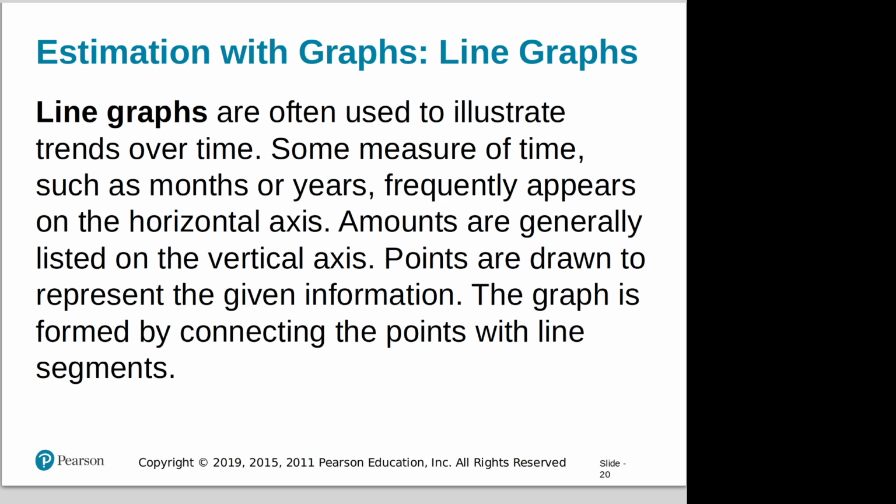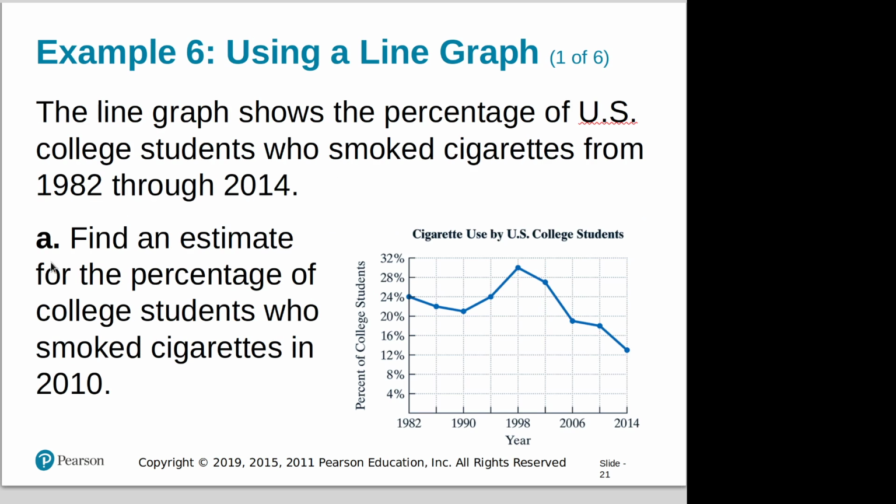All right, another form of graph are line graphs. Line graphs match a value at a given point and then link them together. Now the purpose of a line graph is to show slopes, or how things are changing from year to year. A line graph shows a percentage, in this case of college students who smoke cigarettes, which has been decreasing.